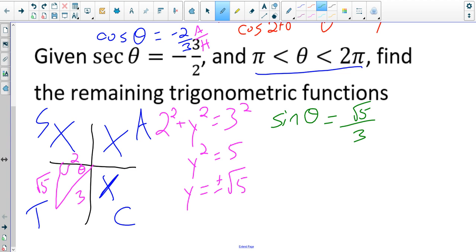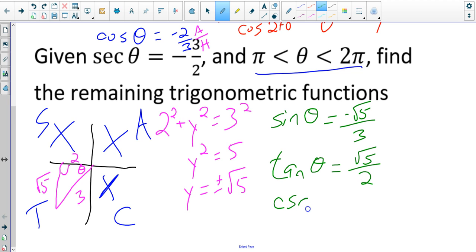In quadrant 3, the sine is negative. I already know the cosine of theta is -2/3. The tangent of theta is equal to the opposite over the adjacent, so that's the square root of 5 over 2. In quadrant 3, it's positive.